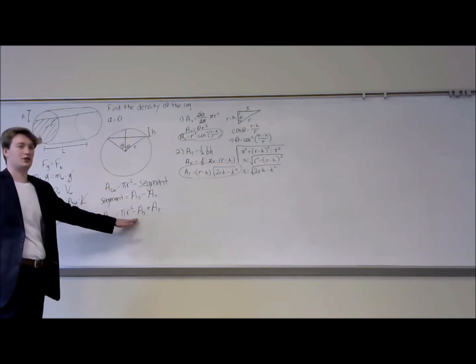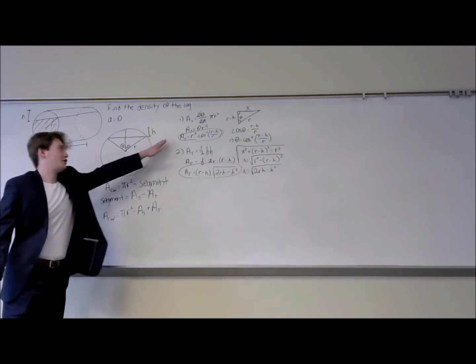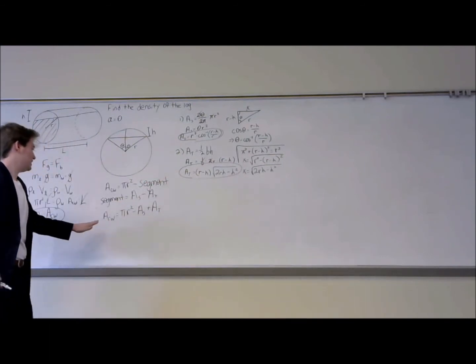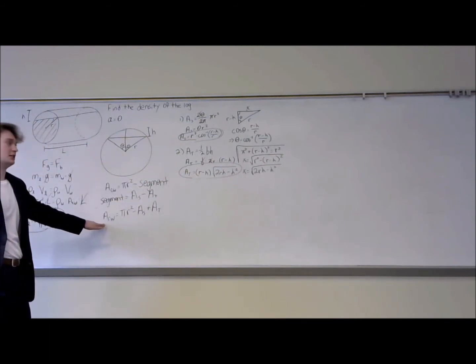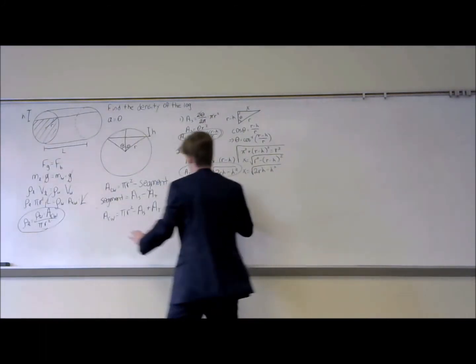Now that we have everything for this equation, we can actually substitute our area of the sector and area of the triangle in and get the cross-sectional area of the displaced water. So let me write that down here. It'll be a handful.